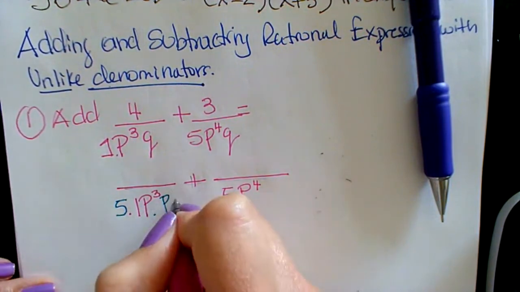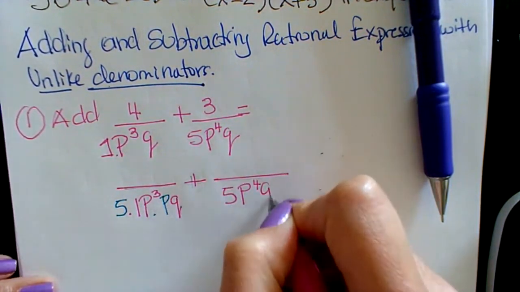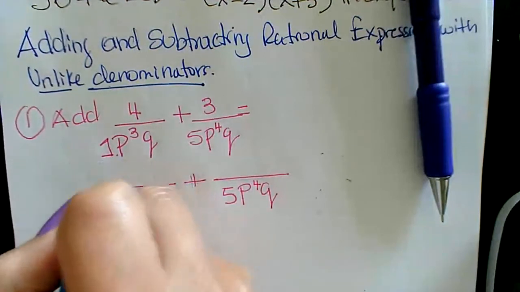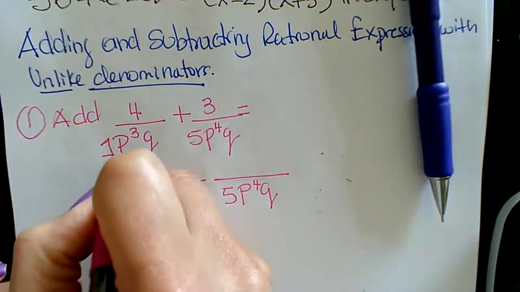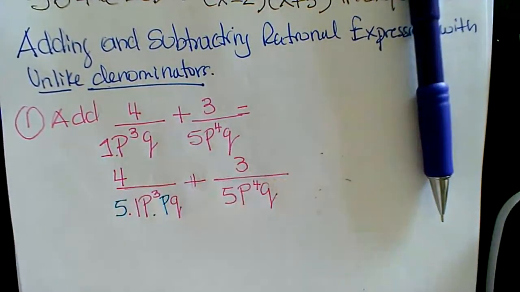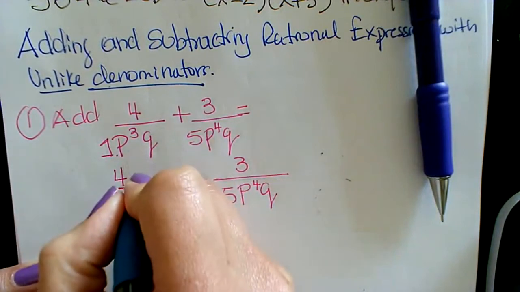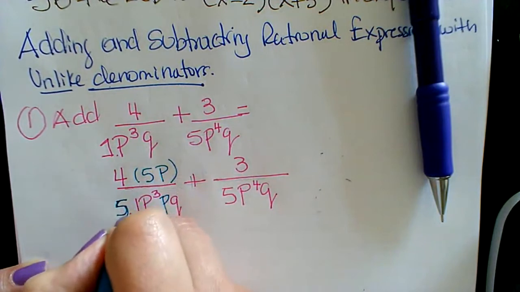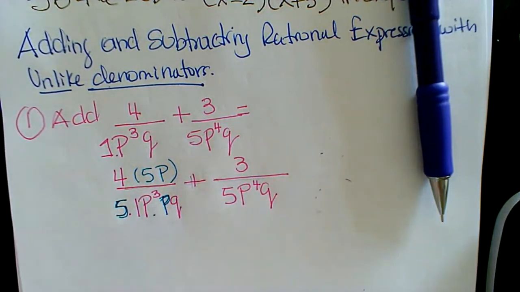Now, q, both have just one q. I don't need to add anything. So I had 4 here and a 3 here. So I need to add what? 5p, because this is exactly what I add on the bottom.